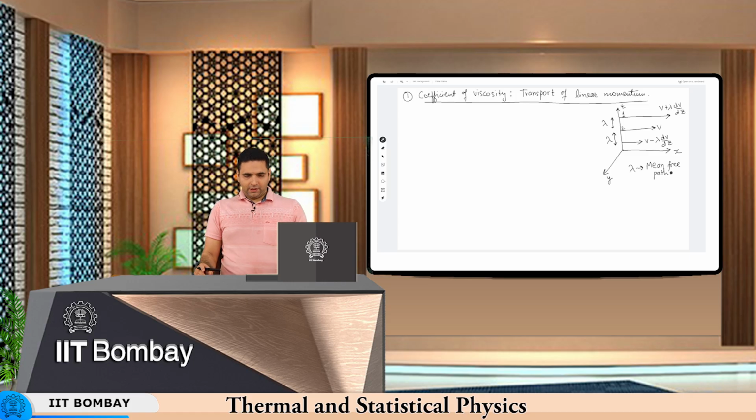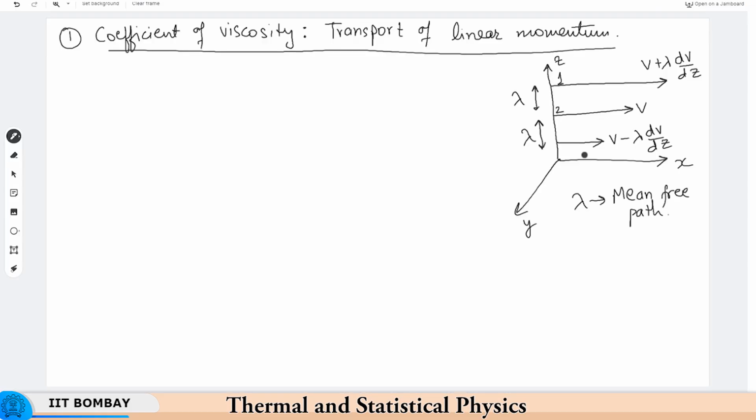Right. So, essentially what we have is a velocity gradient in the system, right. For some reason, say we have driven the top part of the collection of these molecules with a certain speed, and we have introduced a gradient in the speeds. Now you can visualize that these molecules which are moving much faster than molecules in plane number 2 will collide with these molecules, and they will transfer certain momentum from this direction to this direction, right.